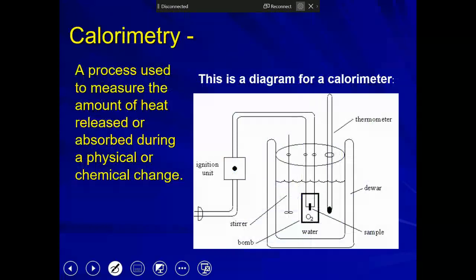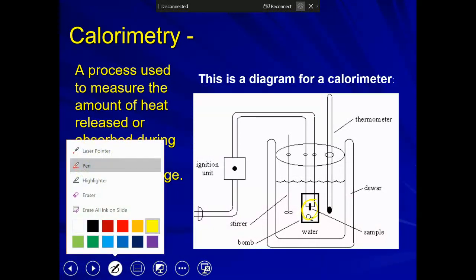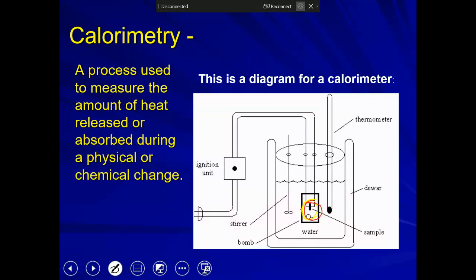So what is calorimetry? Well, it's a process that's used to measure the amount of heat that's released or absorbed during some sort of change, like a physical or a chemical change. Inside of here, that's O2.